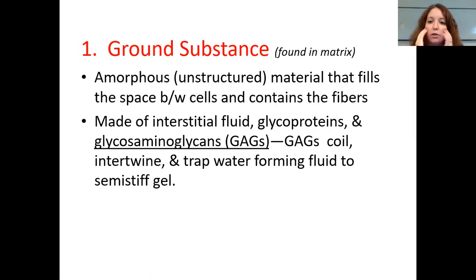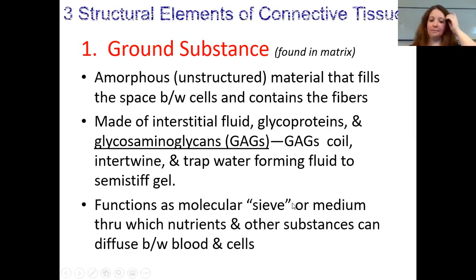You can push it around, and that's semi-stiff. It's gelatinous, in other words. Ground substance will function as a sieve to allow nutrients and other substances to diffuse between the cells.